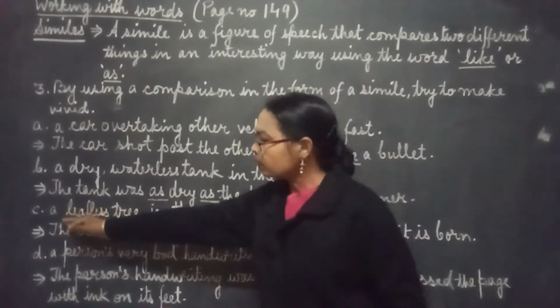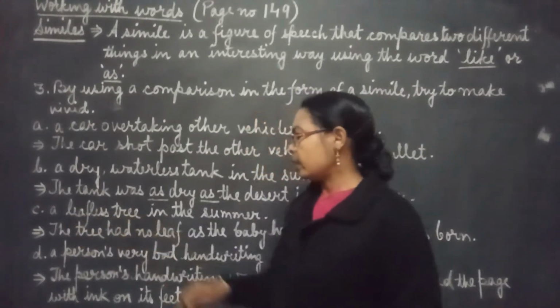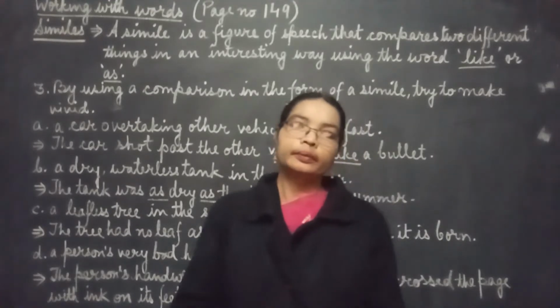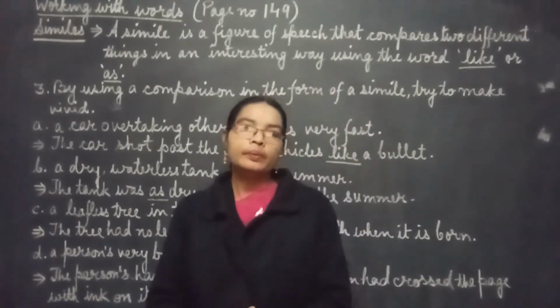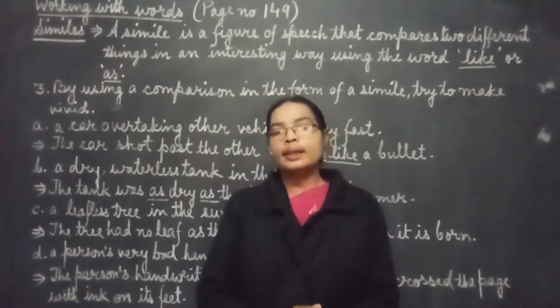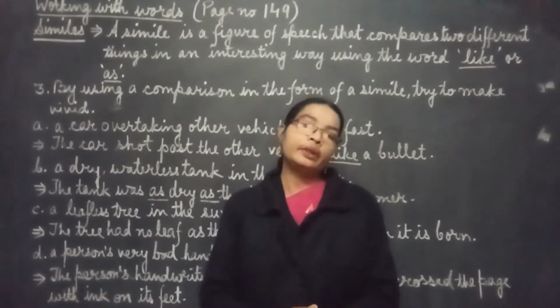Come to number C. A leafless tree in the summer. A tree which has not a single leaf. Means the tree is completely naked.